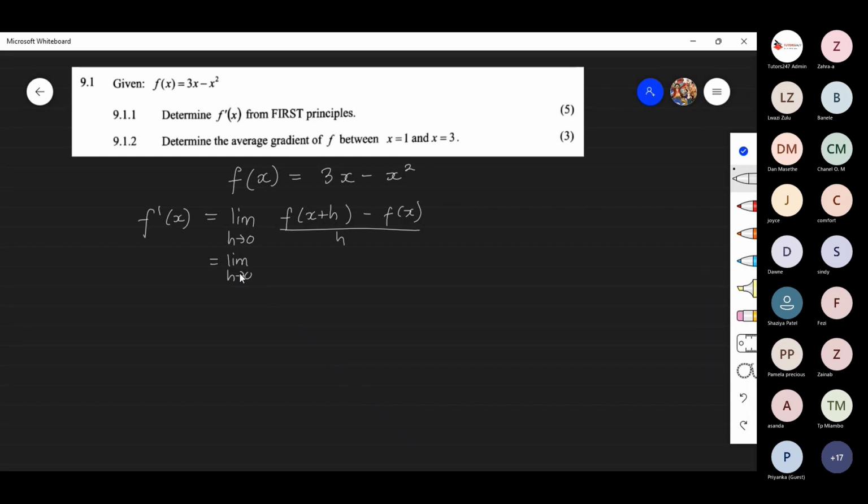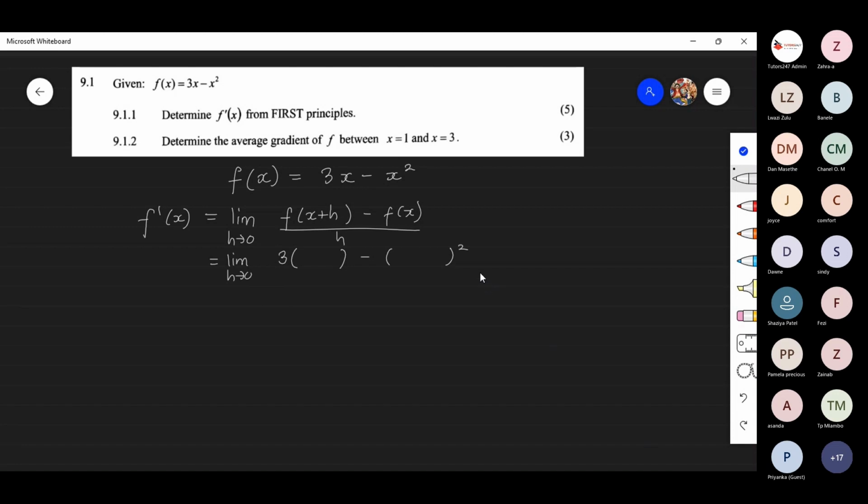Keep in mind that this is going to be slightly different from the previous ones that we did. As you can see, there's 2 x's in here, right? So we are going to have x plus h repeated twice. So that is then going to be 3, and we have an x there, minus, there's an x there, so we put our brackets.